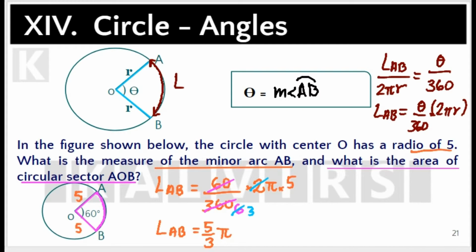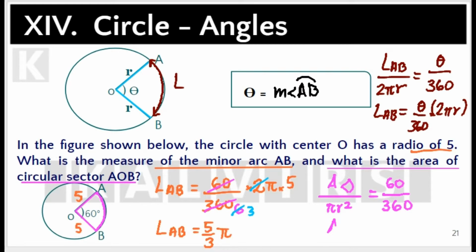So here we get the following: the ratio of the area of the circular sector AOB to the area of the circle, pi times the radius squared, is equal to 60 degrees over 360.